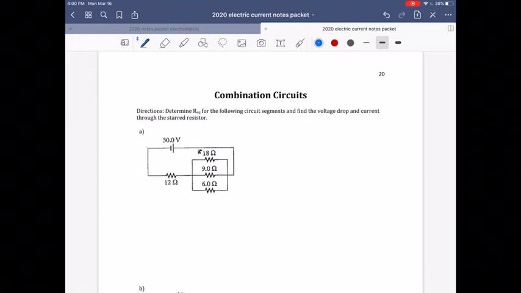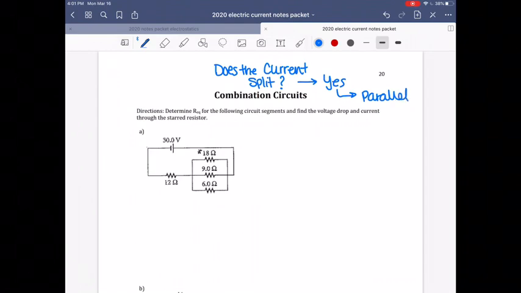So with combination circuits, you always have to ask yourself, does the current split? If the answer is yes, you're dealing with the part of the circuit that is acting like a parallel branching circuit, because we have splitting current with a parallel circuit.